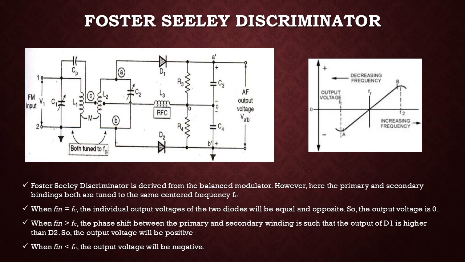The diode and load arrangement is the same in both circuits, the balanced slope detector and the Foster-Seeley discriminator. However, here the primary and the secondary windings are both tuned to the same center frequency Fc of the incoming signal.